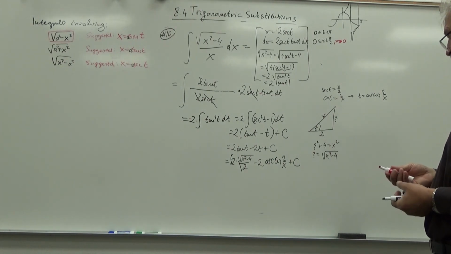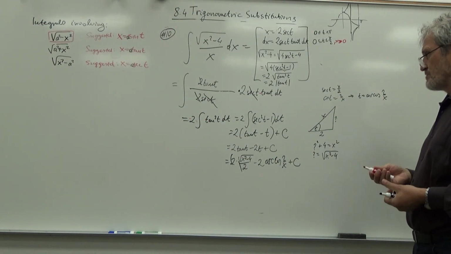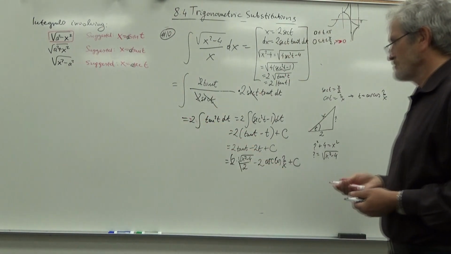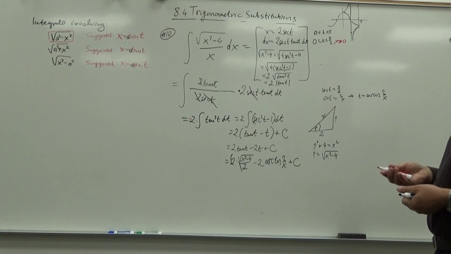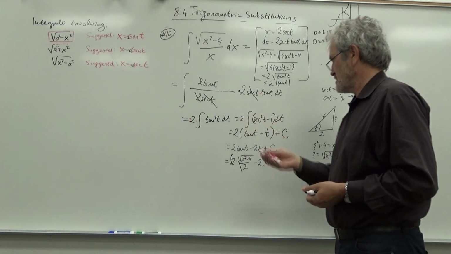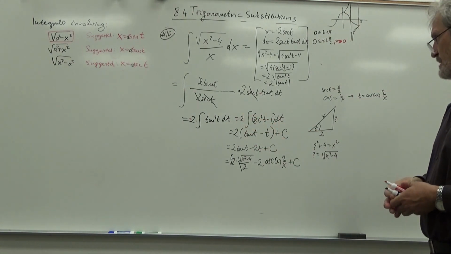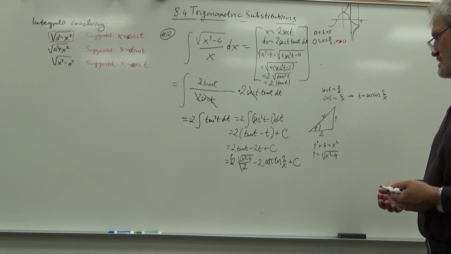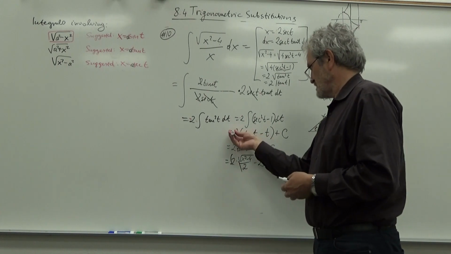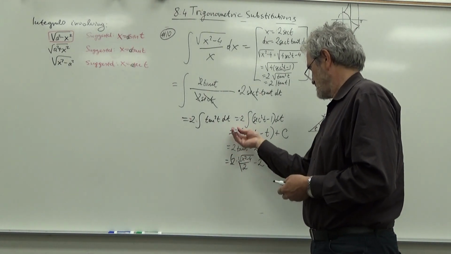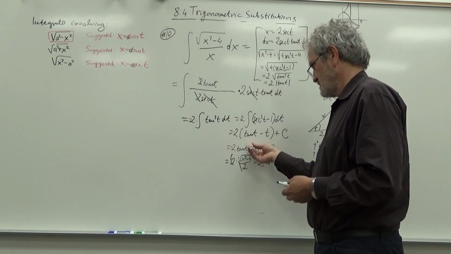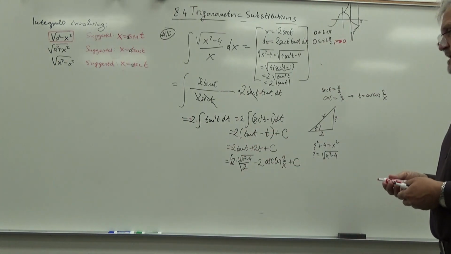And then what happens here, over here, you would have secant square, so minus here as well. Minus here as well, plus here.